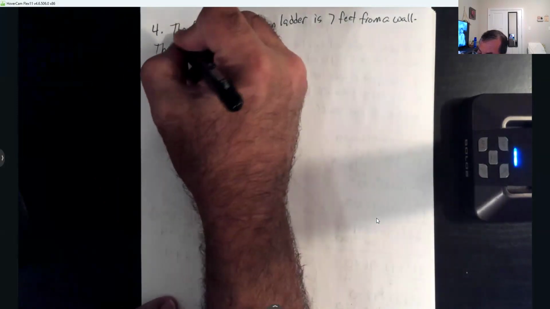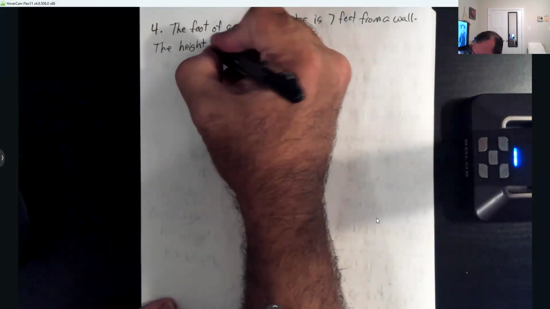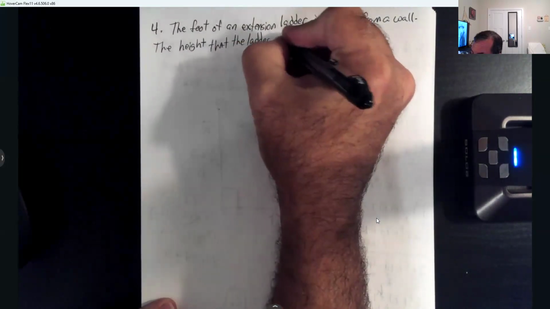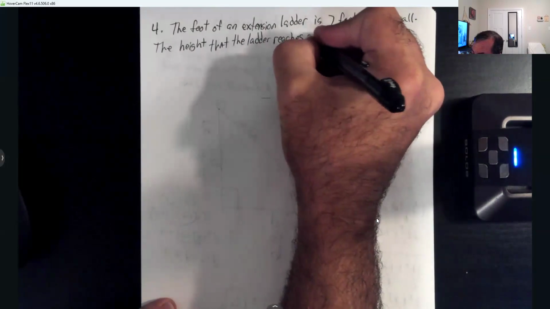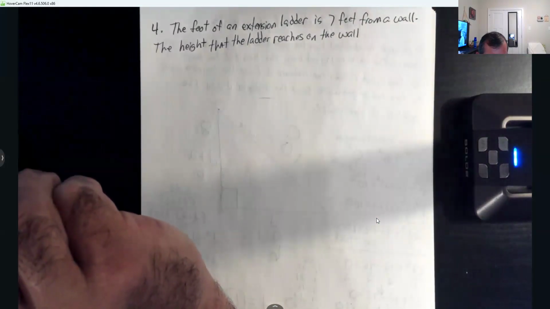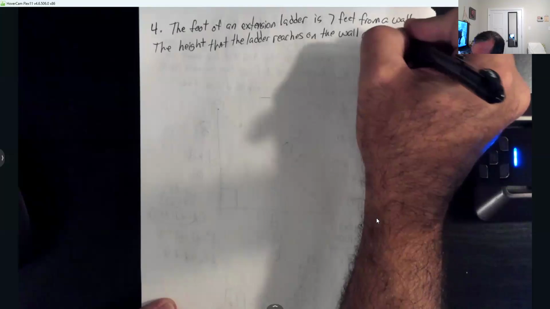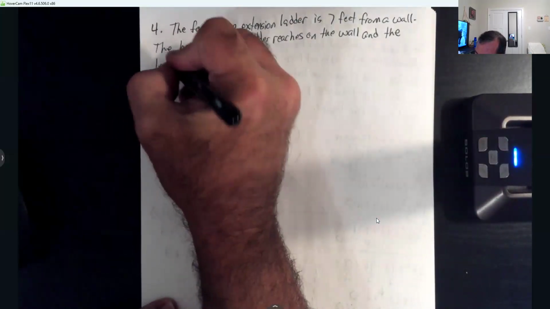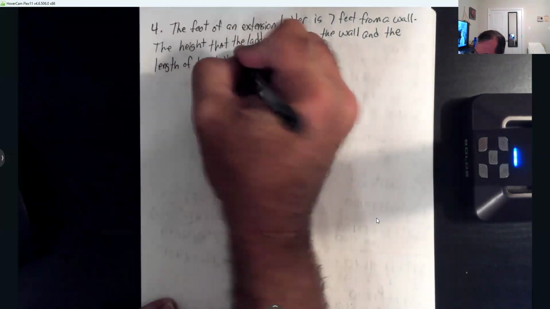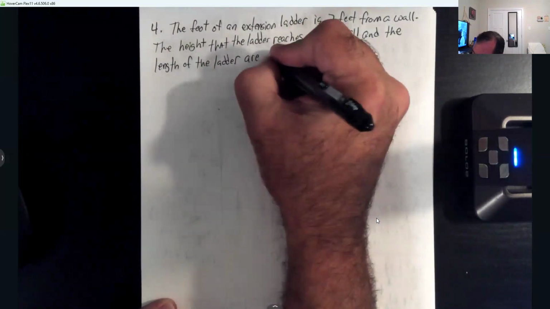The height that the ladder reaches on the wall and the length of the ladder are consecutive integers.